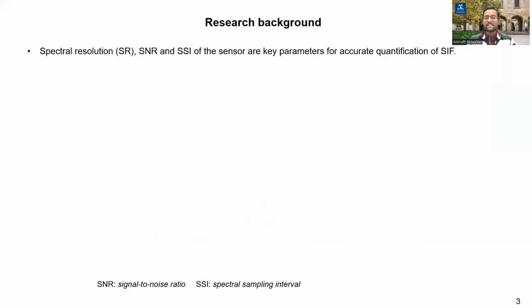Spectral resolution, signal to noise ratio, and spectral sampling interval are the key parameters that influence the accurate estimation of SIF, because these parameters directly influence the shape and depth of the absorption features, which are required for accurate SIF estimation.